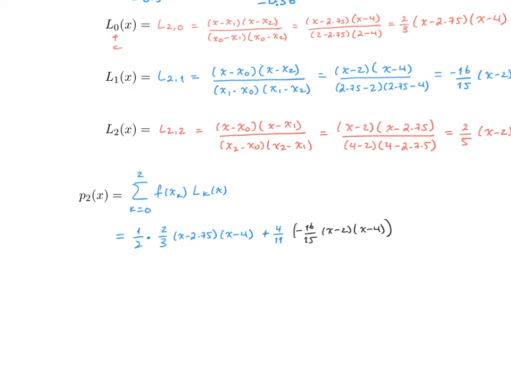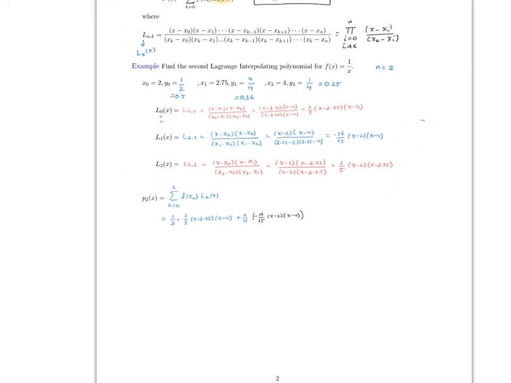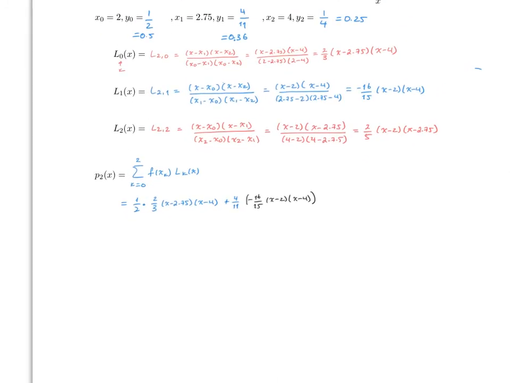Okay, and then the last part is going to be plus 1/4 times 2/5 times x minus 2, x minus 2.75.